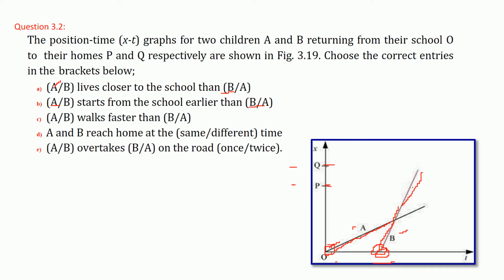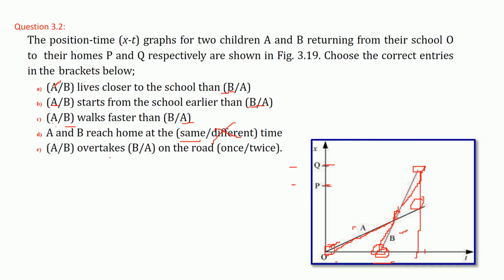But as you see from the graph, B walks faster than A. Do A and B reach home at the same time or at different times? If you draw a line here for time t, you see that both are the same, so they reach at the same time.